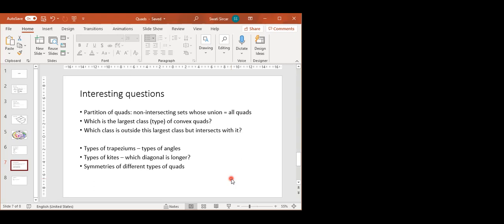Like if you use a soft board and you put 4 pins and you put a rubber band around them, it snaps and envelops all the 4 pins. Now, if it is a convex quadrilateral, then it will be identical.